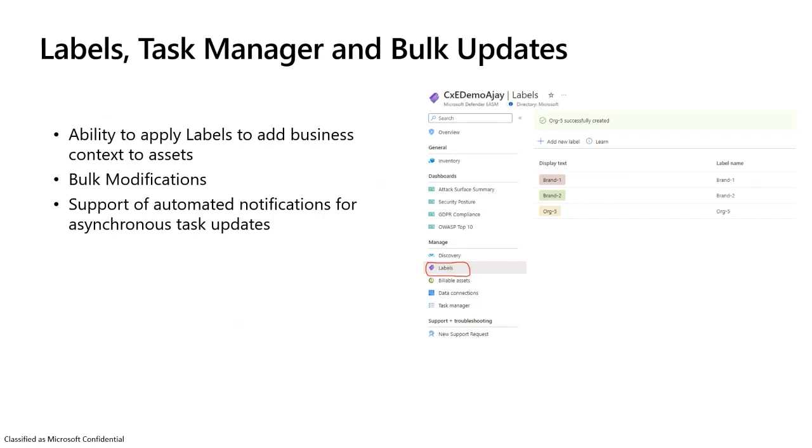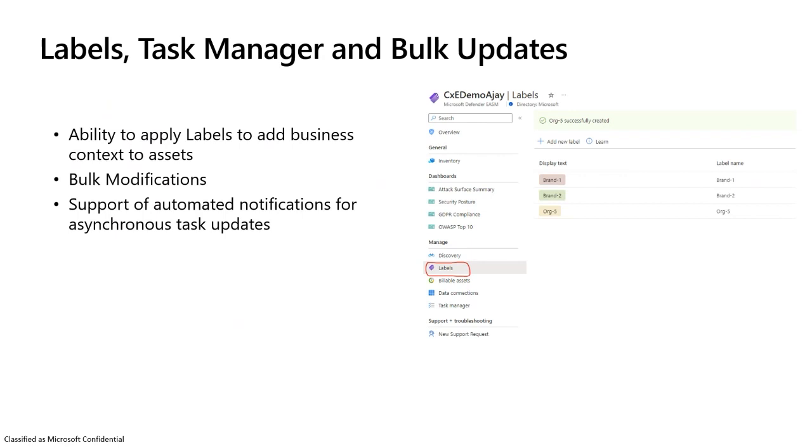You can do bulk updates. You can query, give me all approved inventory that matches certain criteria, and then apply a label or change the status because you think this is not something I care about. You can change them to a different status, apply a label, and all of that can be one task.